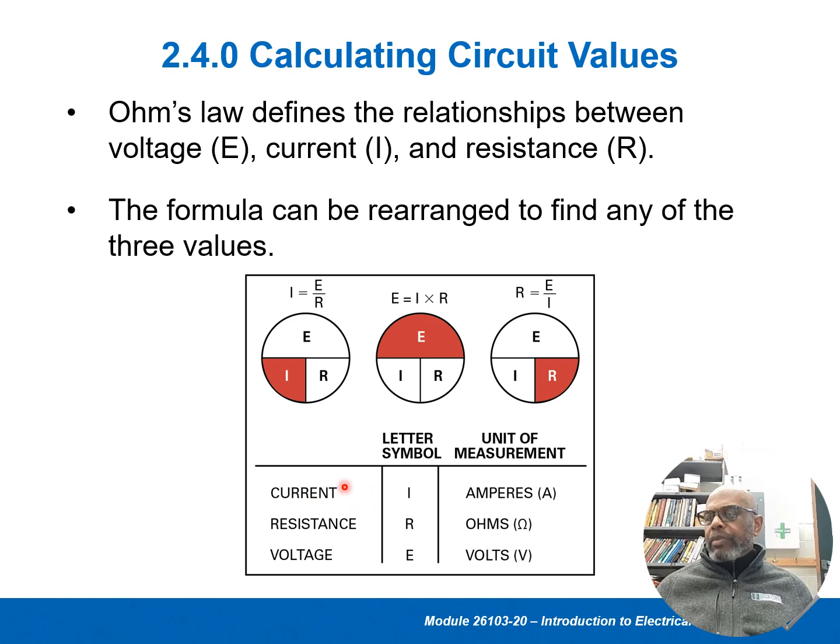So in formulas we use I, R, E, and when writing it down like 120 volts, 10 ohms, and 3 amps of current flow, we write 3A with a capital A, 10 with the omega sign, and 120 volts with a capital V.